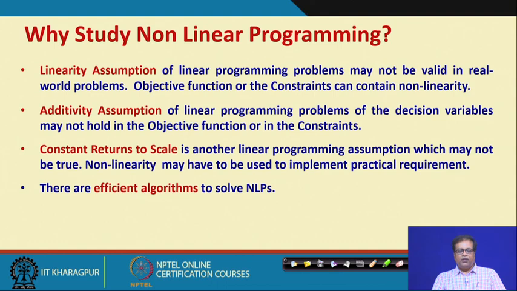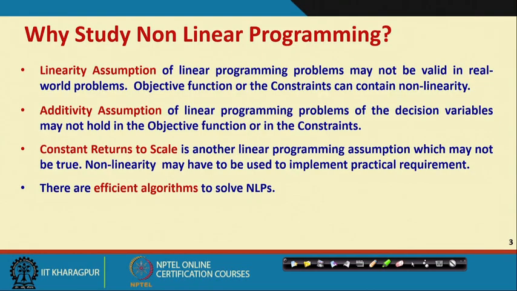So, the objective function or the constraints may contain nonlinearity. What exactly does it mean? That they are not linear functions, that means they cannot be represented by straight lines. They are not first order; the objective function or the constraints can be higher order functions, may not be first order.